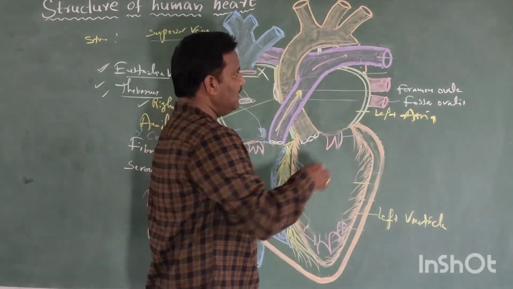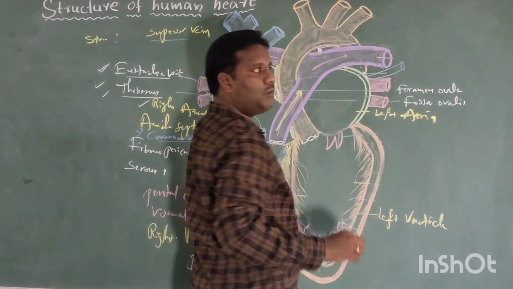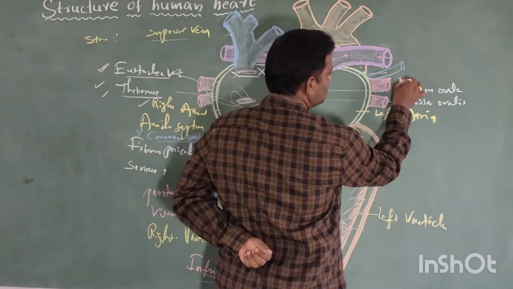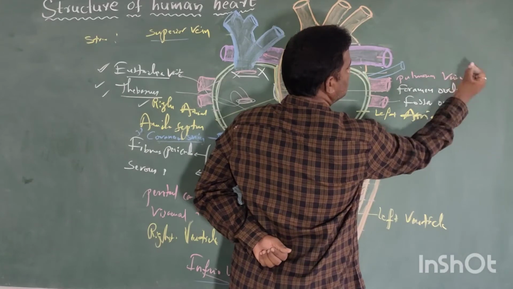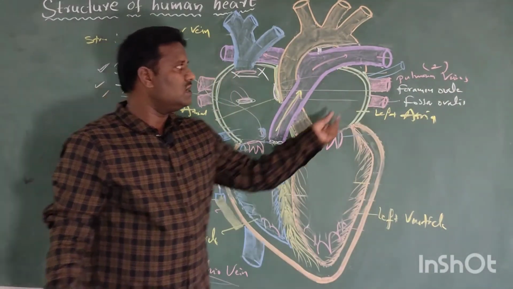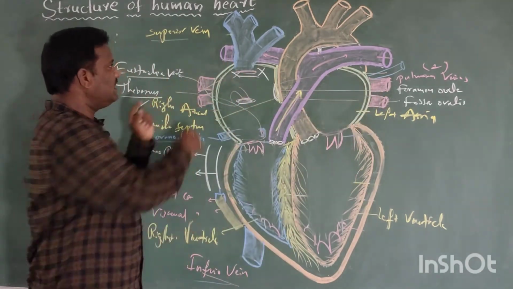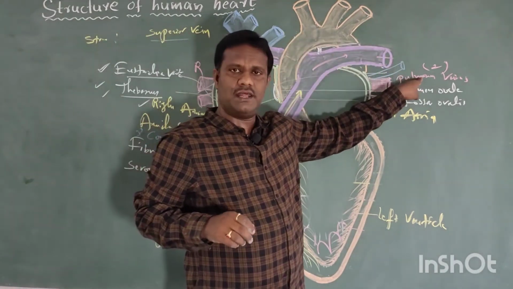There are two pairs of pulmonary veins. One pair is located on the left side and one pair on the right side: right pulmonary and left pulmonary.